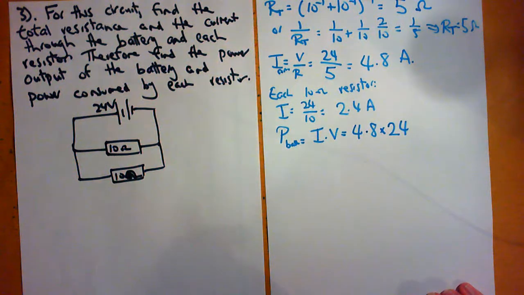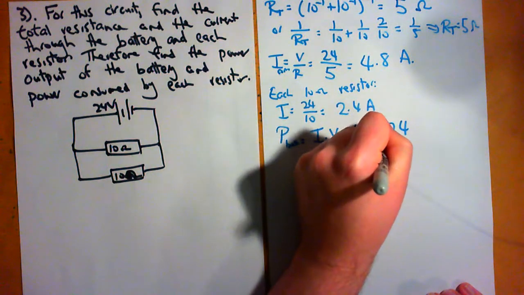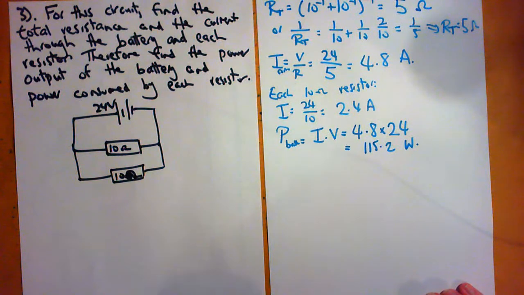And if we calculate that, what do we end up with? 4.8 times 24 would be 115.2 watts. Okay, so we've got the power output of the battery.